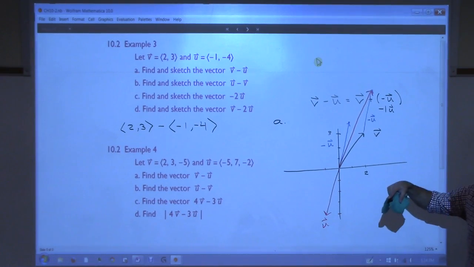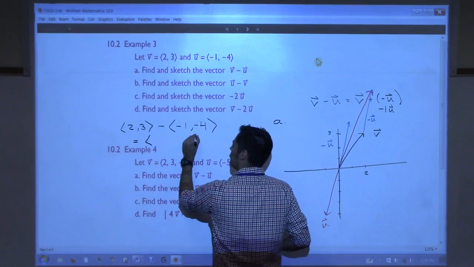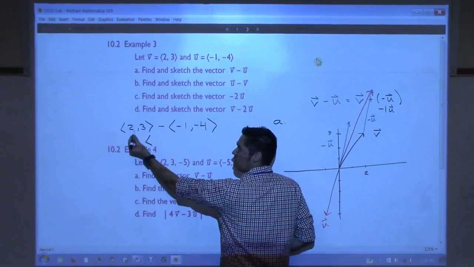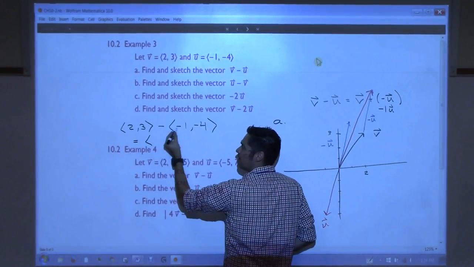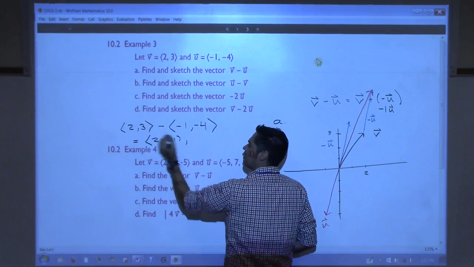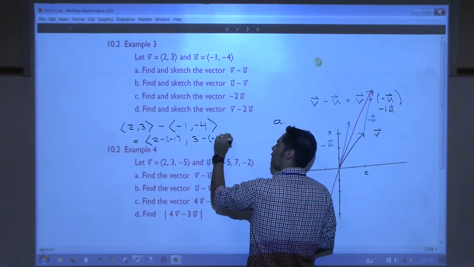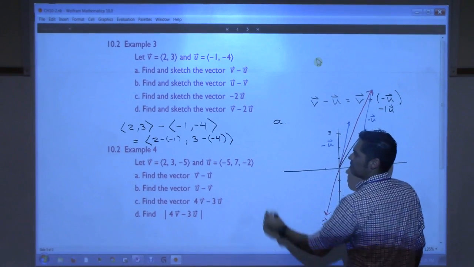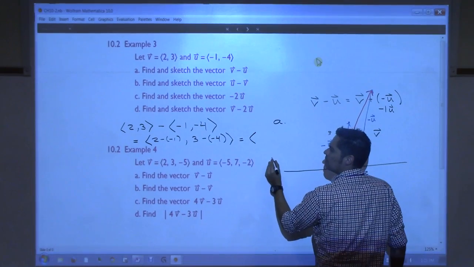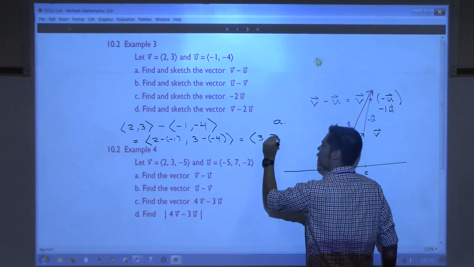And from what I had on the board earlier, vector addition and subtraction is very, very clean, isn't it? You take the 2, subtract -1. So 2 minus -1. And then I take the 3 and I subtract -4. So what does that result in?